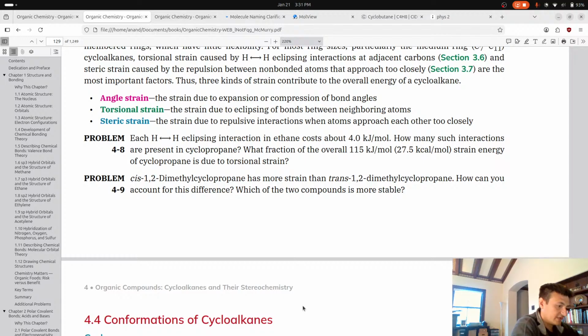So then we're going to have 6 times 4 kilojoules per mole equal to 24 kilojoules per mole. So the fraction would just be 24 over 115, which whatever that is. Okay, that's going to be my guess for that.